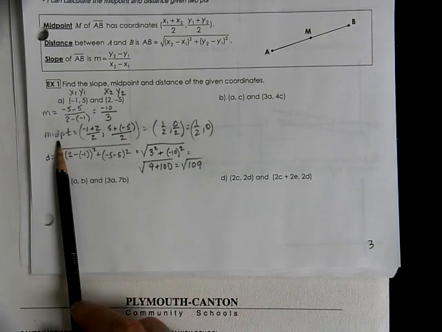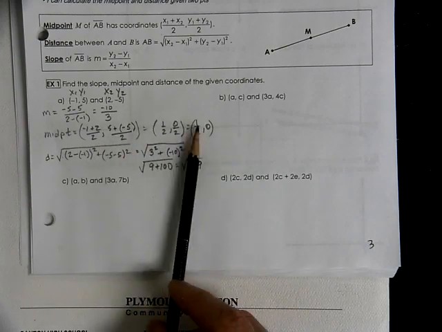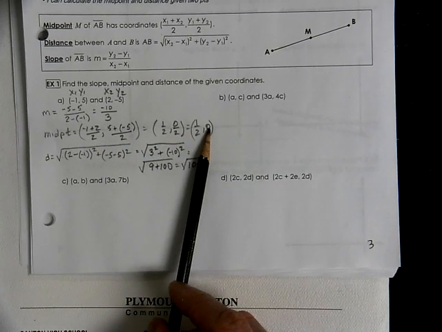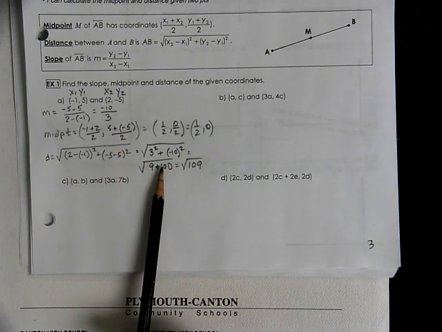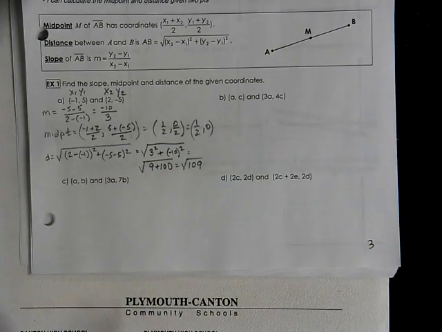We did the same thing with midpoint. Calculated 1/2 comma 0. And we did the distance formula. You could go ahead, pause the video, see if you can work those values out yourself, and then come back and check your answers.